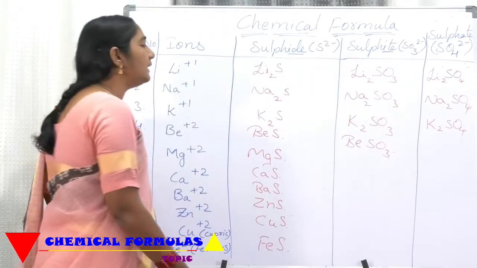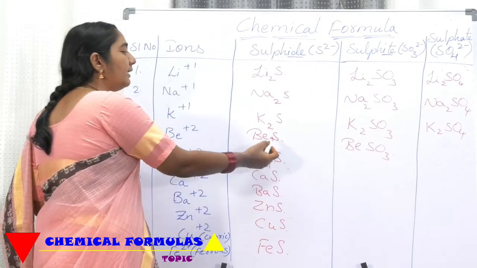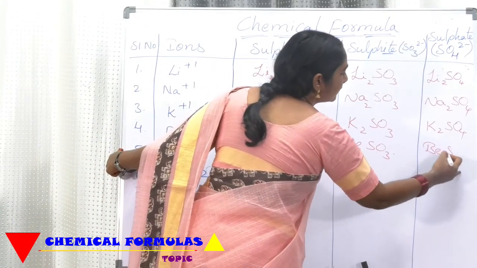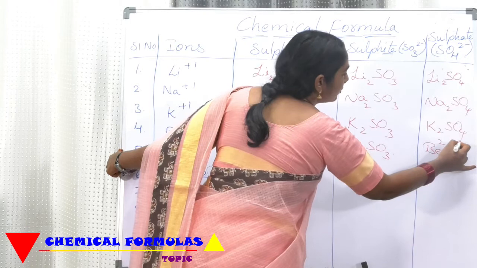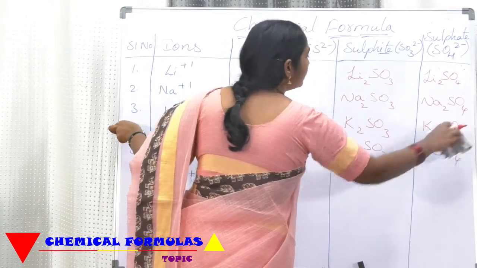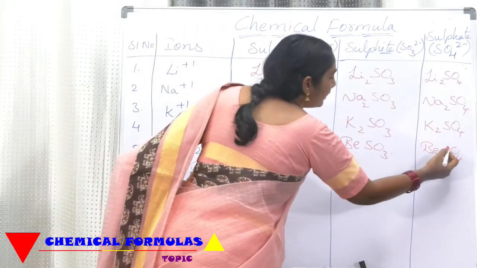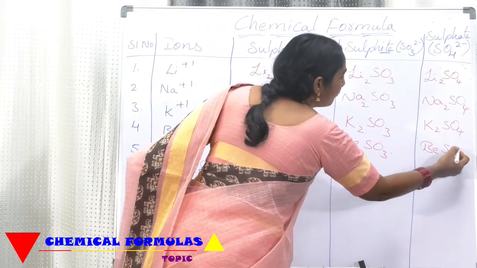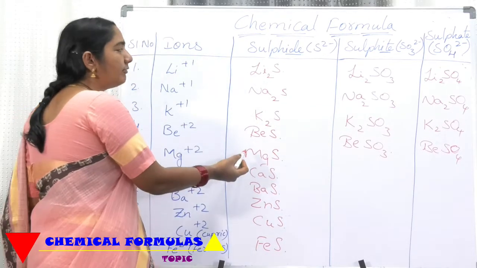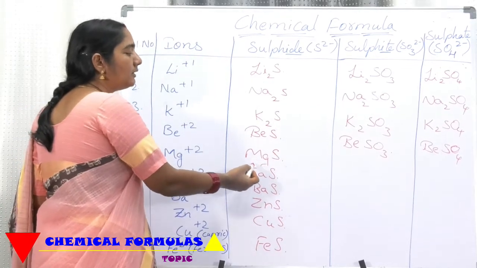Beryllium sulfate BeSO4, because 2 and 2 are getting cancelled. You need not write that again. Beryllium sulfate BeSO4. Magnesium sulfide MgS.